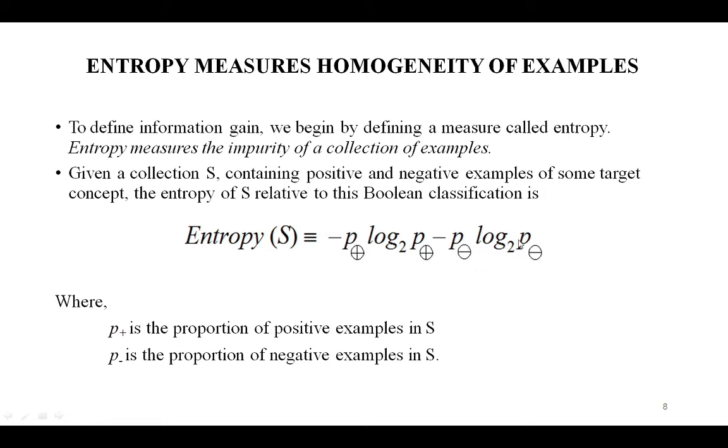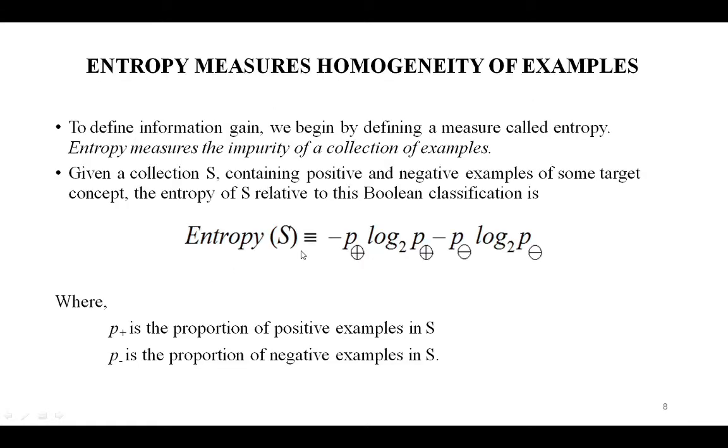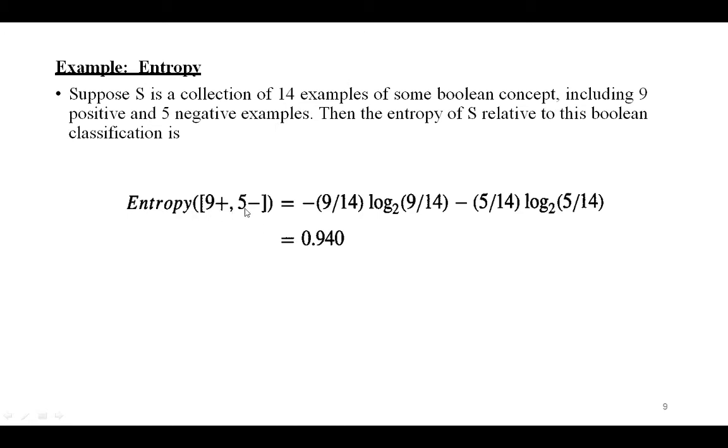With 9 positive and 5 negative examples, I applied the same formula: Entropy([9+, 5-]) = -(9/14) log2(9/14) - (5/14) log2(5/14), where the second term is with respect to the negative examples, and I got the result 0.940. This is the overall entropy here.